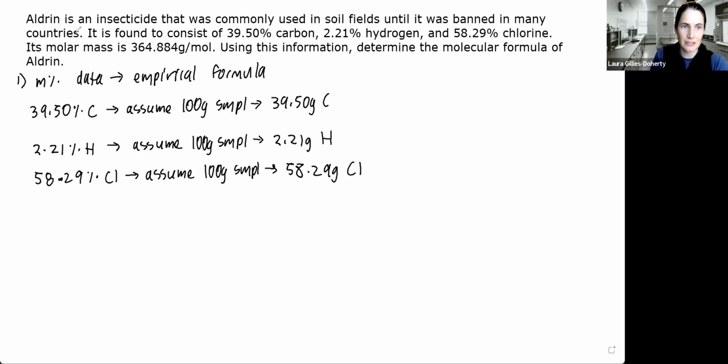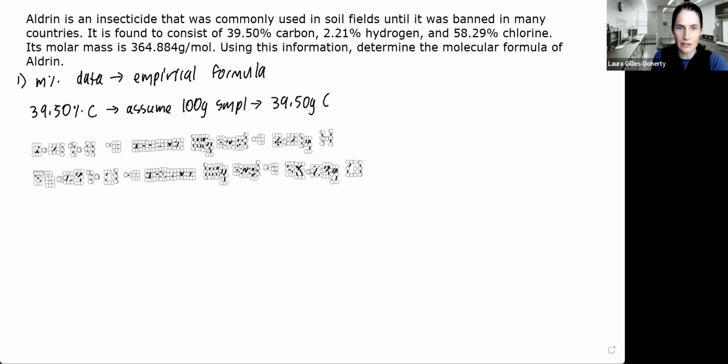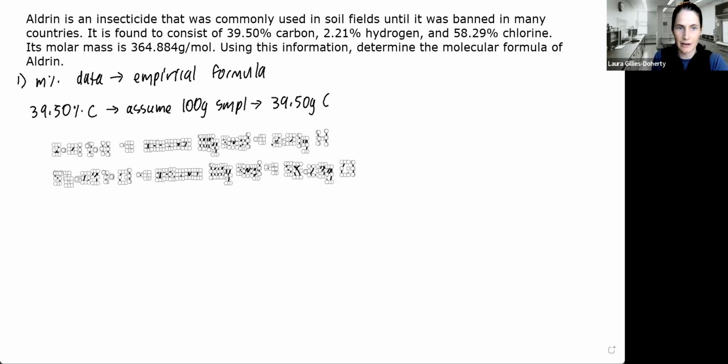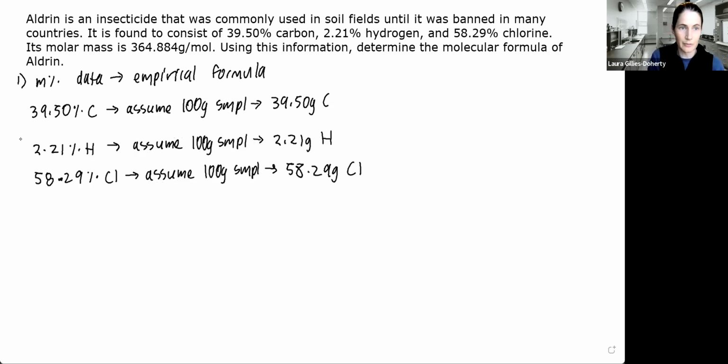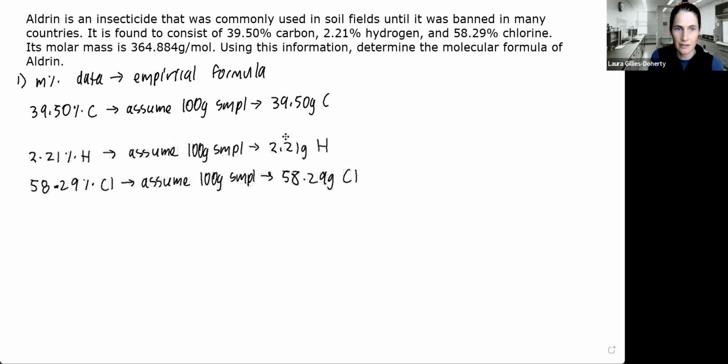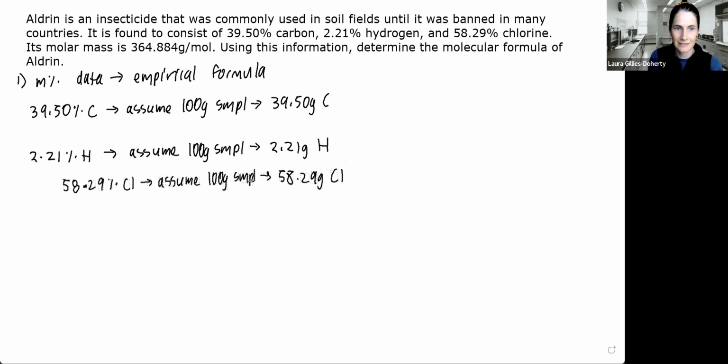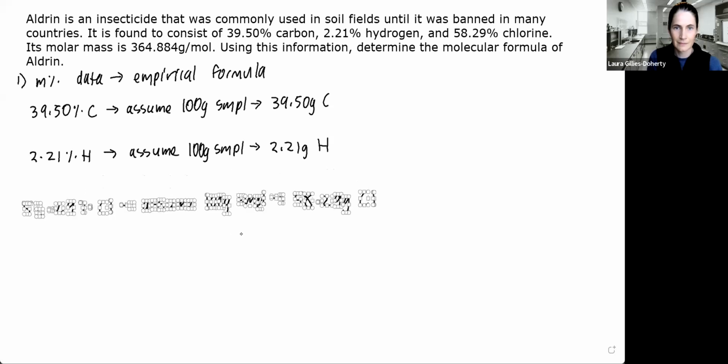Now for each of these, we're going to take their masses and turn them into moles of each so we can write the pseudo formula and eventually end up at our empirical formula. I'm just going to move these down a little bit to give myself just a little bit more room here for each of these. Okay, so let's do carbon first. 39.50 grams of carbon.